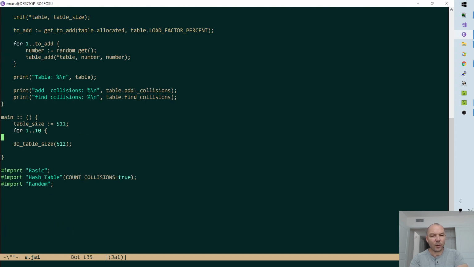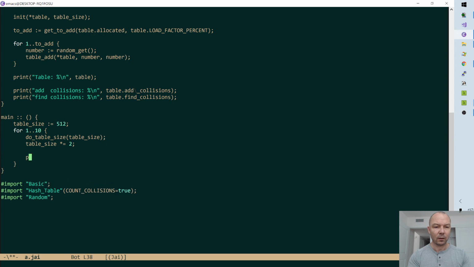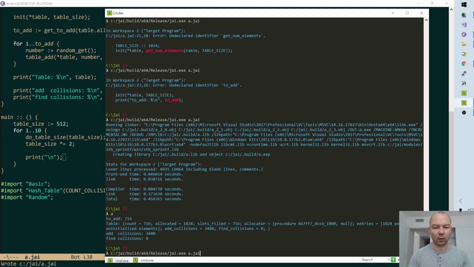There's not much point in having like a really tiny hash table, right? So do table size equals 2, right? So 2 to the 10th is 1,024. So we're going to have a 512K element table at the end. All right, let's just see what happens there.